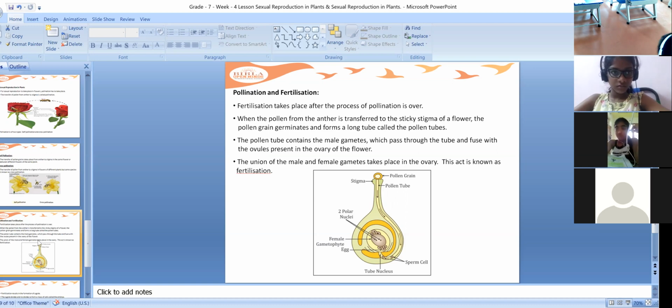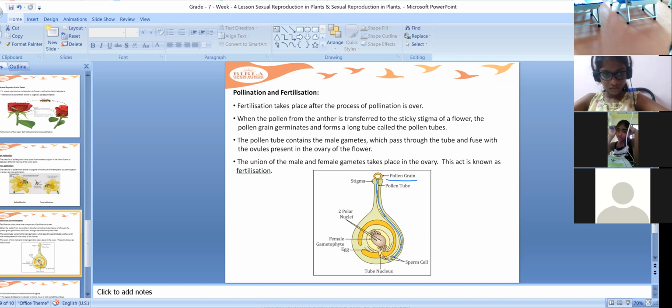The pollen grain is here, at the top of this tube. It is stuck at the stigma. Now slowly it moves inside this pollen tube. Here you can see it has moved.